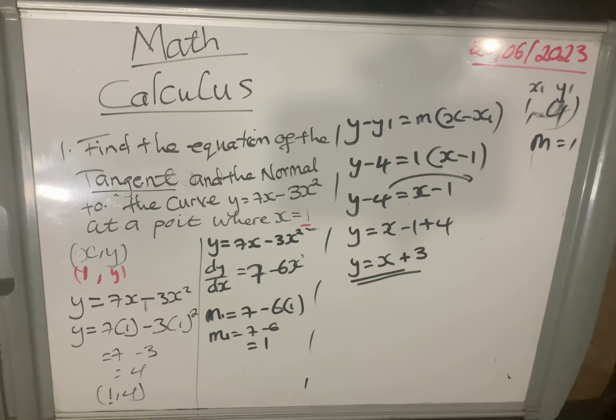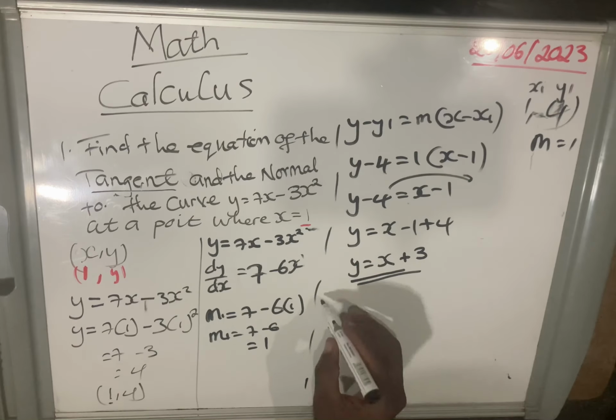Now, the equation of the normal. It is just a continuation. To find the equation of the normal, you have to find the gradient of the normal. We can find the gradient of the normal because these two lines are perpendicular.